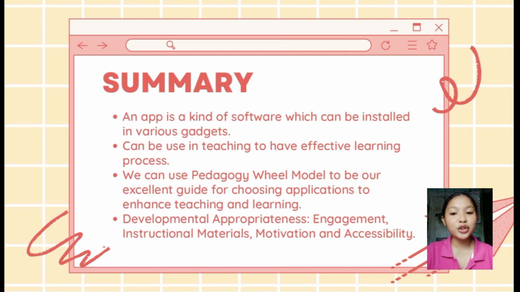And we can use the pedagogy wheel model as an excellent guide for choosing applications to enhance teaching and learning. And then the developmental appropriateness, we have the four: the engagement, instructional materials, motivation, and accessibility. We should always remember those developmental appropriateness, or the appropriate applications that we can use in our teaching and learning process.